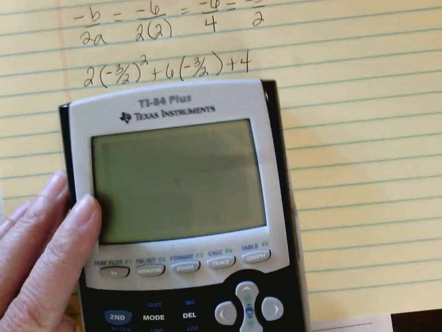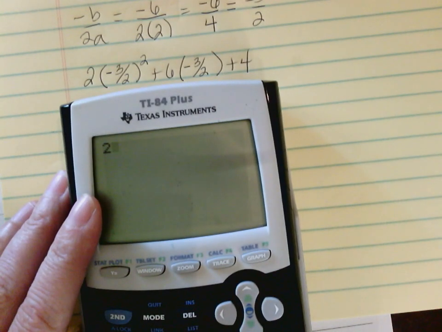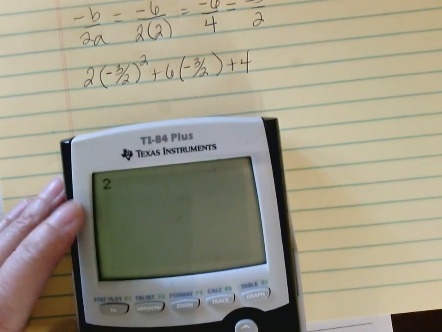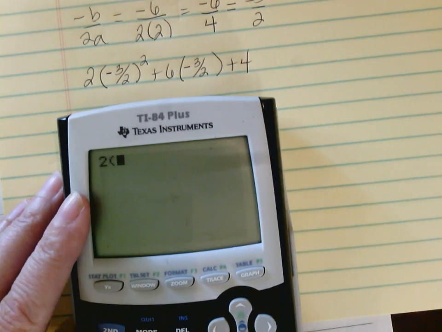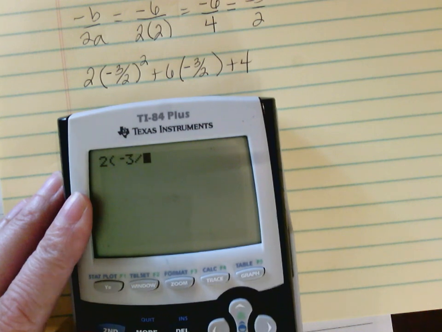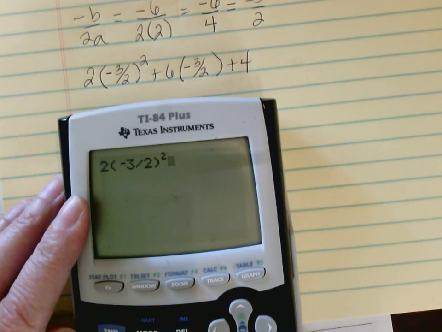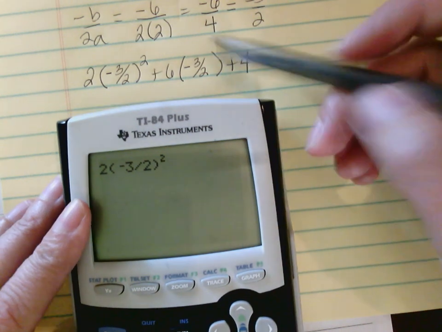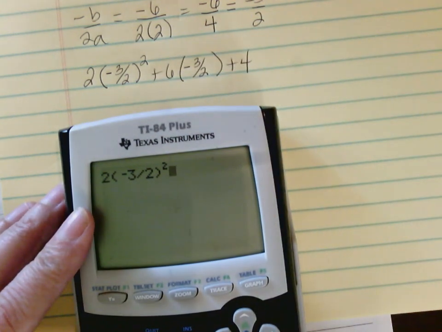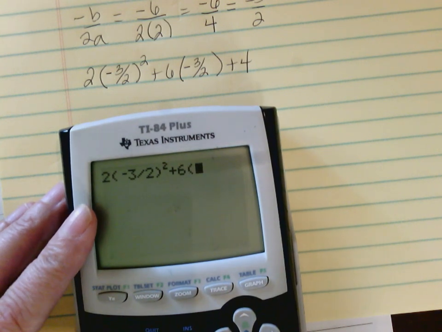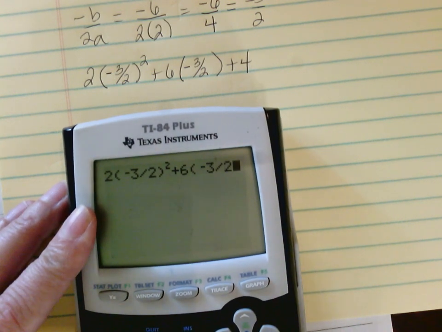So I'll have 2, open parentheses, negative 3 over 2, close, squared. Again, exactly like it's written on my paper, plus 6, open parentheses, negative 3 over 2, plus 4, and hit enter.